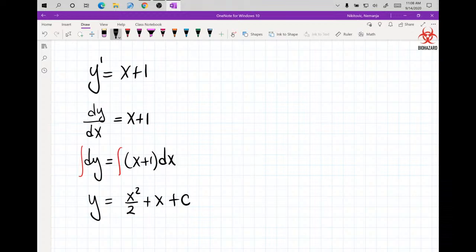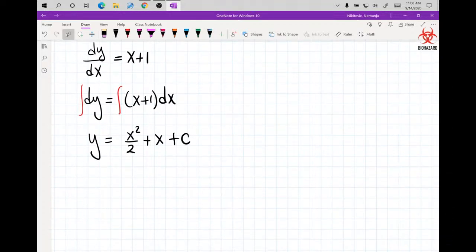And we know that this is some kind of a parabola. I don't know where this parabola is exactly because of the plus c. We can say if x is equal to 0, then y is equal to c.